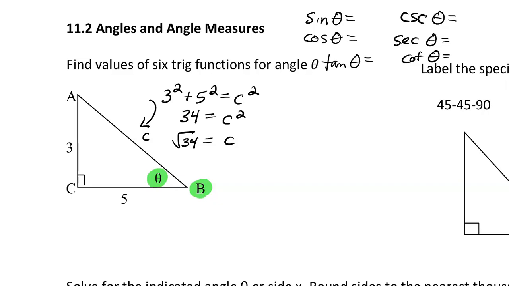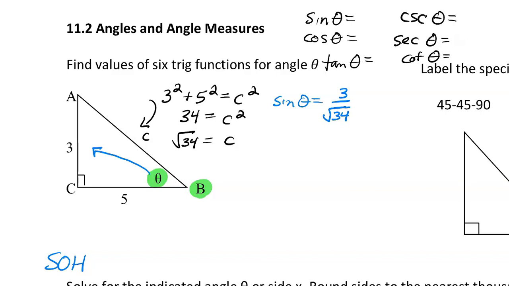So to identify our angles, we would have sine of theta. The sine ratio is defined as opposite divided by hypotenuse. That's the SO of SOHCAHTOA. So opposite of angle theta is over there, and the hypotenuse we just found, so that would be 3 divided by the square root of 34.